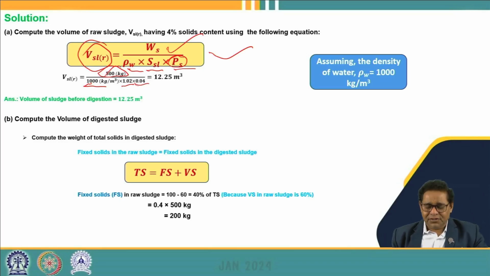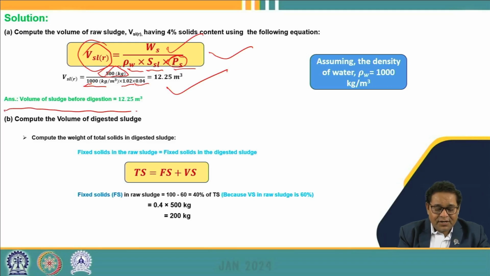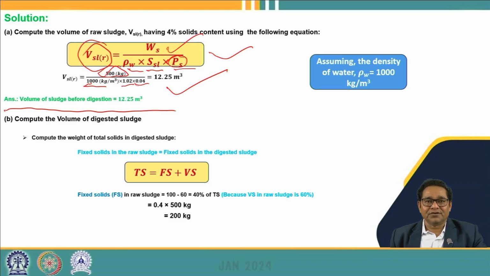By substituting these values we can convert the total weight of the solids into volume. So this is the first answer we require, the volume of the sludge before digestion, which is equal to 12.25 meter cube.